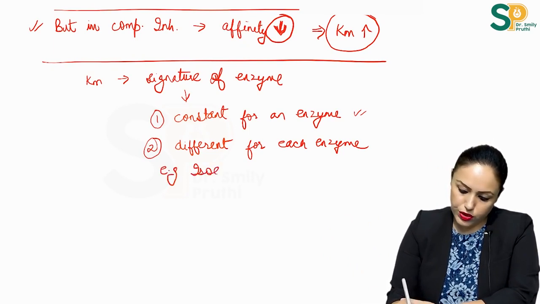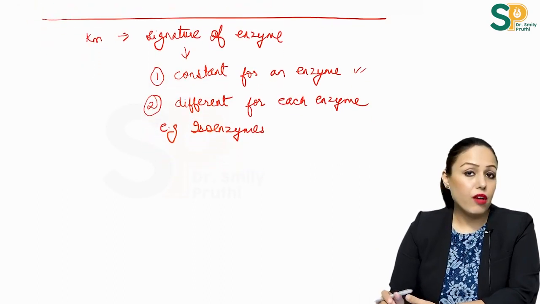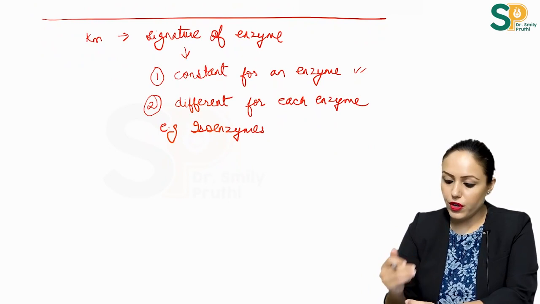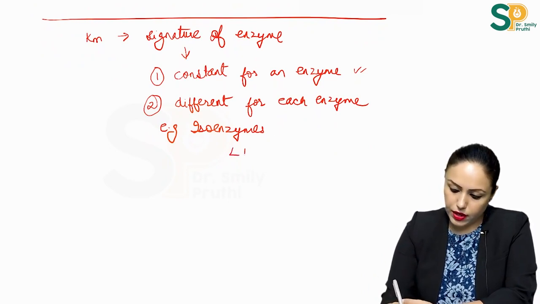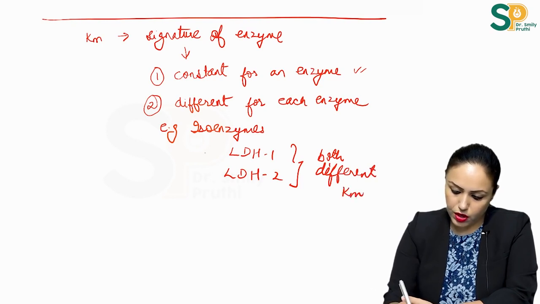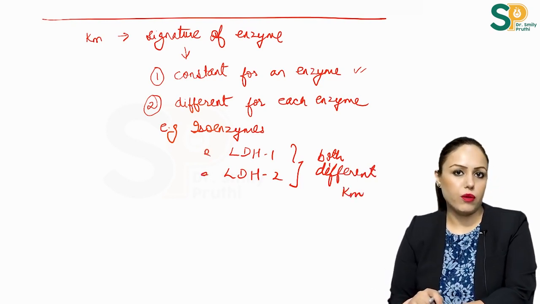Example, isoenzymes also, like twins have different signatures, so isoenzymes also have different Km values, like LDH1 and LDH2, they both will have different Km values.